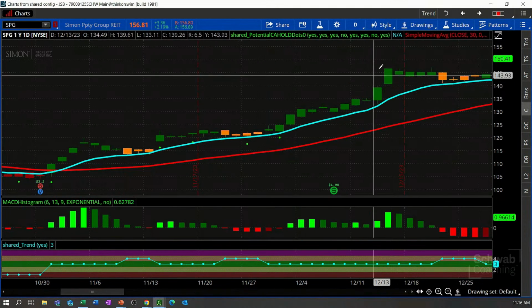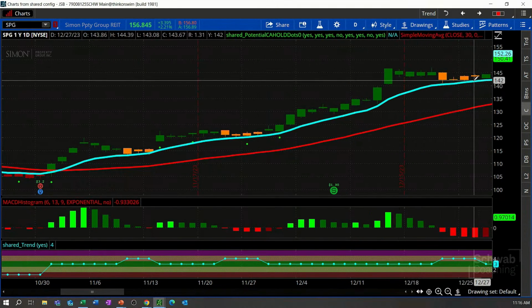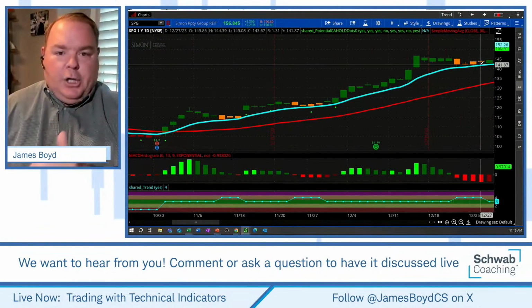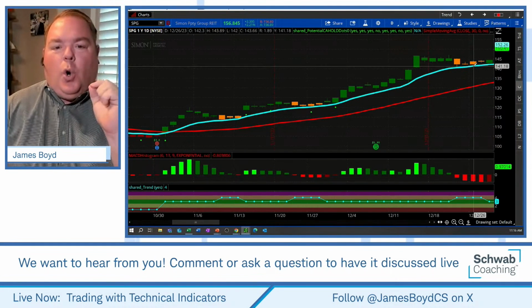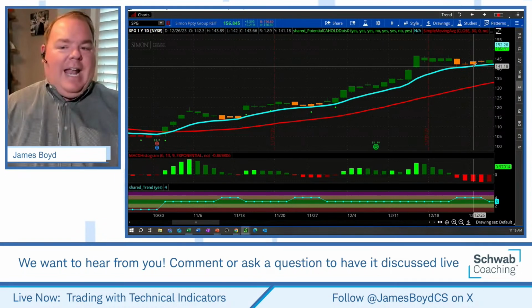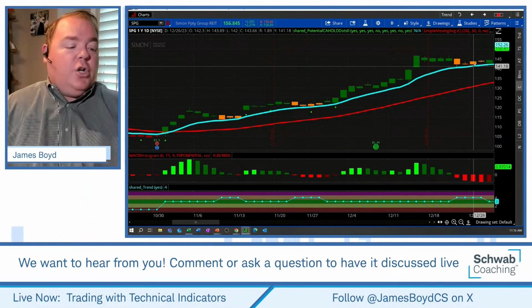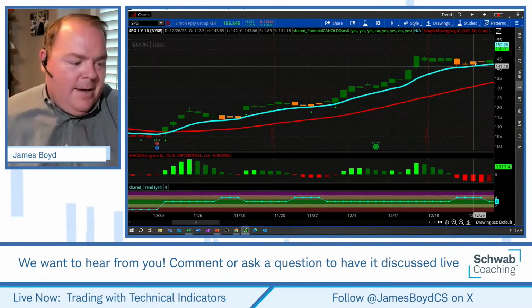If we run up again and there's a little shallow pullback, remember, if you go from green, orange, purple, you're losing more momentum. We want to go from green to orange and have the price stay above the 10, where you do not shift from orange to purple.